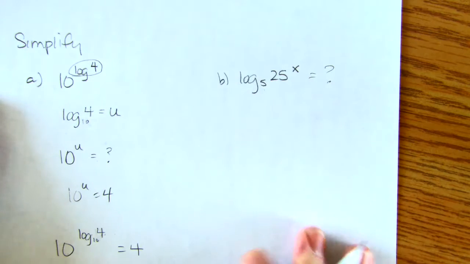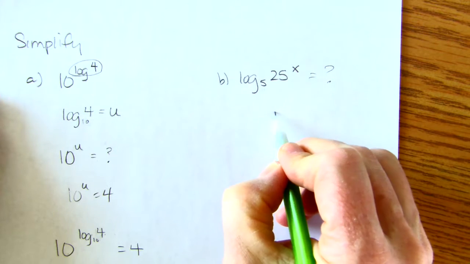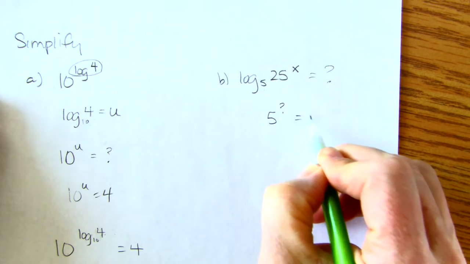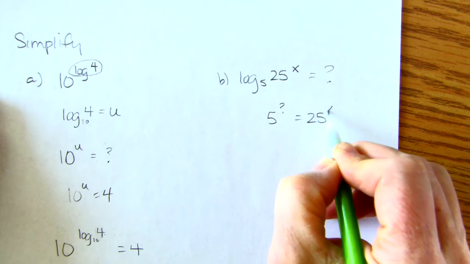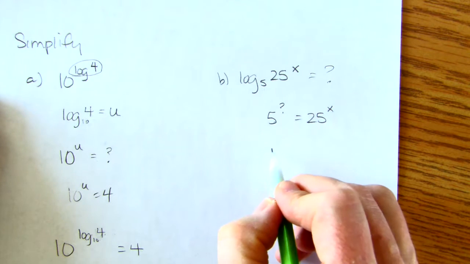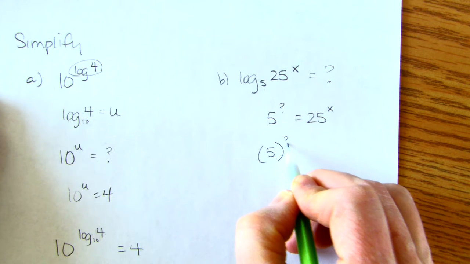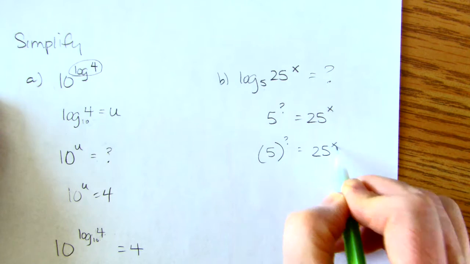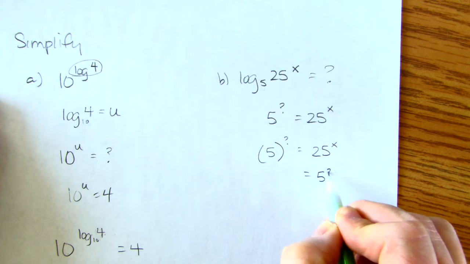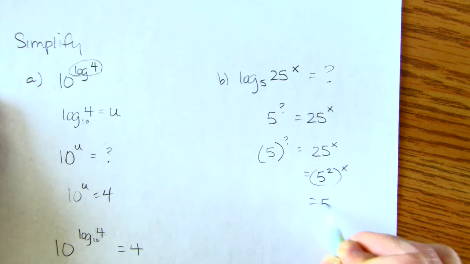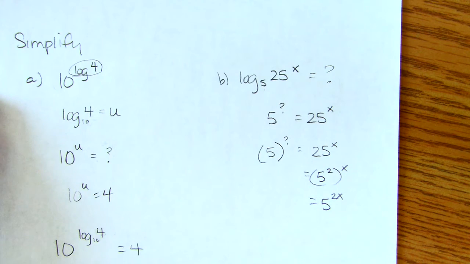So what's going on here? Since I already have an x, I'm going to call this question mark. So this is saying 5 to the question mark equals 25 to the x. Well, what would I have to raise 5 to get 25 to the x? Well, I know this is 5 squared raised to the x, which is just 5 to the 2x.